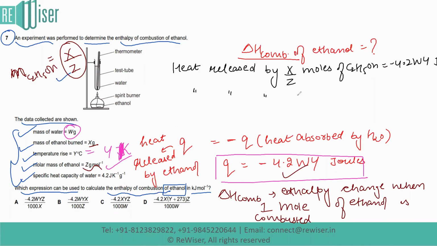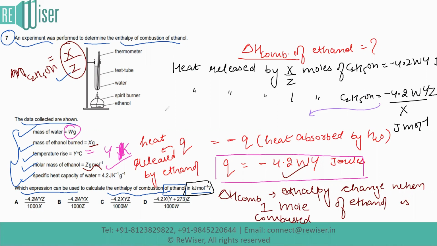So heat released by 1 mole of ethanol will be minus 4.2 WY divided by X over Z, and this is the heat released when 1 mole of ethanol is combusted, right? But we have to report the answer in kilojoule per mole, and the answer we have is joule per mole. In order to convert this into kilojoule per mole, we know 1 kilojoule is equal to 1000 joules. So 1 joule will be 1 by 1000 kilojoules.